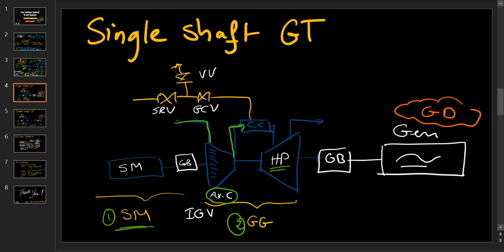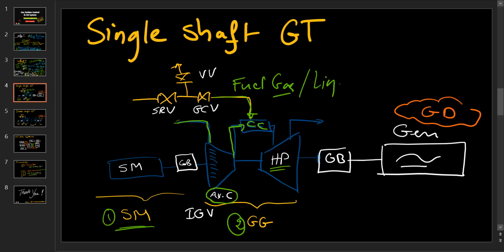It gets into a combustion chamber where it is mixed with fuel gas. Okay, fuel gas. I am mainly saying fuel gas because this is the main fuel in an oil and gas facility, at least here in Algeria. But remember that I said the fuel can be either fuel gas or liquid, okay?